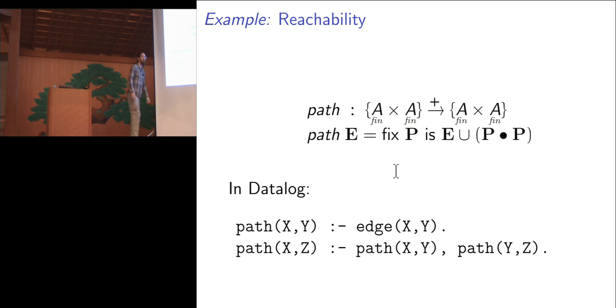So start with a set of edges and start combining paths that have the same intermediate point. Once you can combine no more, you're done. You've reached a fixed point and you've found all the paths. And in Datalog, this looks like this. This is transitive closure, not reflexive transitive closure, just because it's simpler to put on one slide. You can do reflexive closure too.